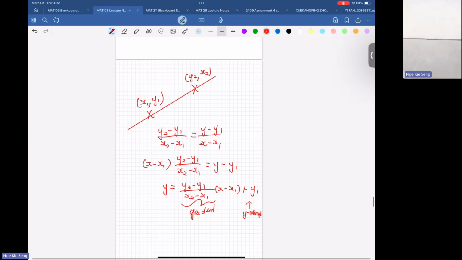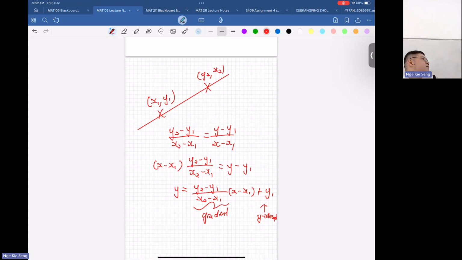But we can write this in a vector form. So what's the vector form here? Instead of getting 2 points on this line, we simply get a vector. This vector is enough.